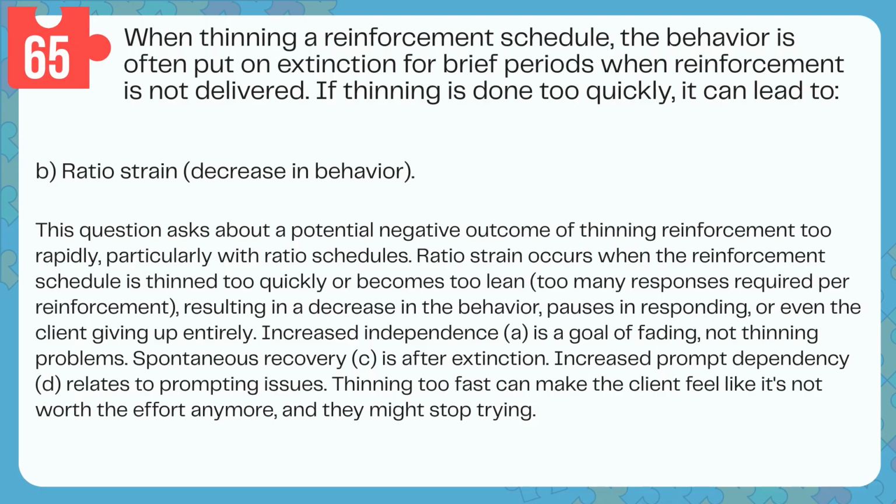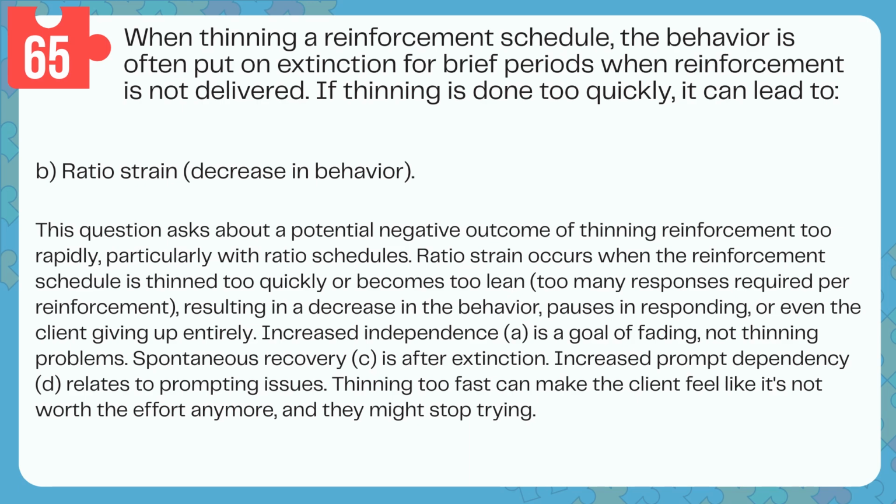Explanation. This question asks about a potential negative outcome of thinning reinforcement too rapidly, particularly with ratio schedules. Ratio strain occurs when the reinforcement schedule is thinned too quickly or becomes too lean. Too many responses required per reinforcement, resulting in a decrease in the behavior, pauses in responding, or even the client giving up entirely.